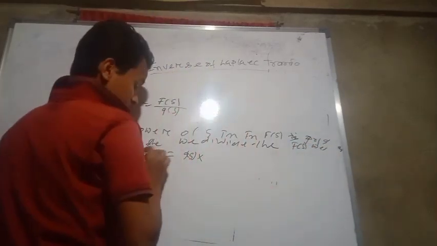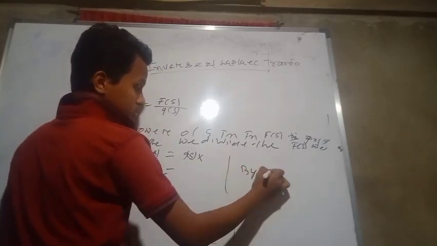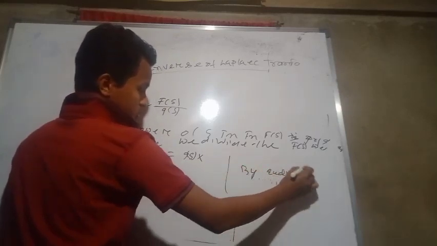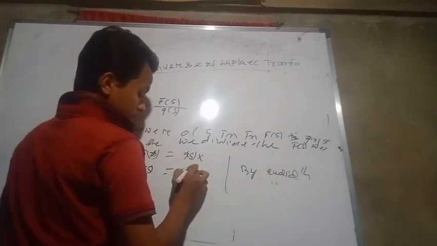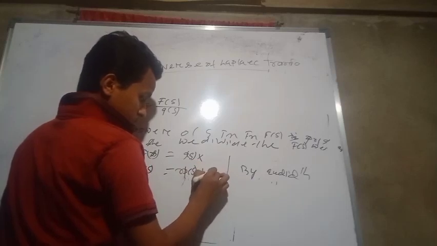Okay, so let's say f of s, by Euclid's theorem, is equal to q of s times g of s plus r1.